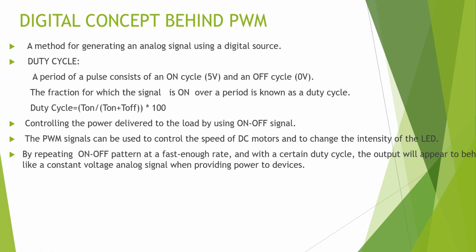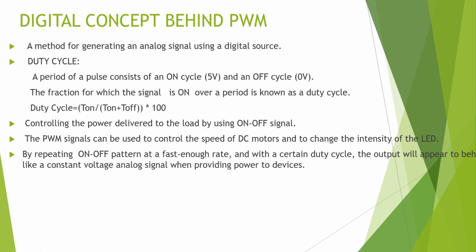So controlling the power. What is the benefit of this? Obviously using this, I am able to get varying, different voltages. If I supply such varying voltage, we can control some devices, controlling the power delivered to the load by using an on-off signal. PWM signals can be used to control the speed of DC motors also, which I will demonstrate in a future lecture session.